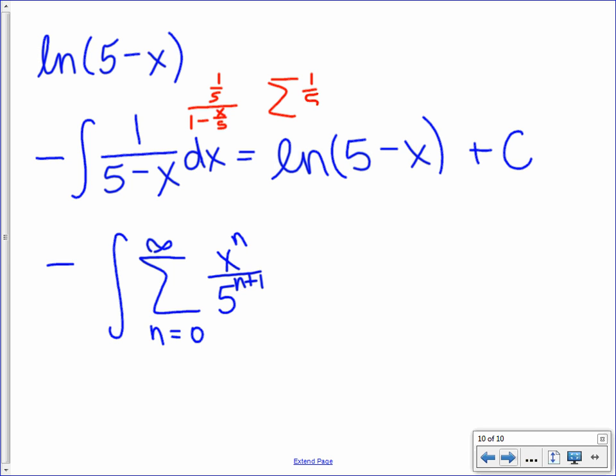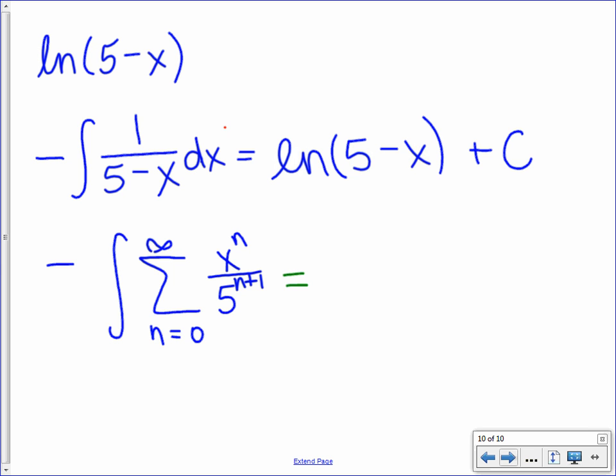So you have 1/5 times x over 5 to the n. It's going to be easier to write it like this so you don't have to worry about the chain rule. Okay, so now we take the antiderivative.